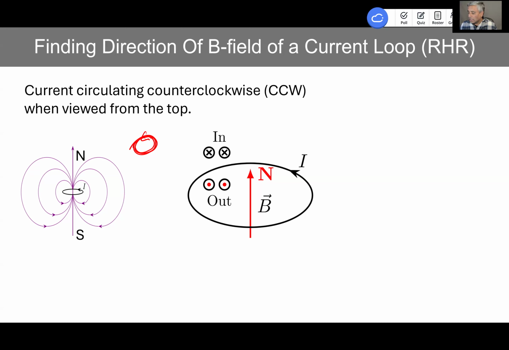So which side we are looking from becomes important, unless it is obvious that there is only one side we can look from. Otherwise, we could be looking from the top or from the bottom, right? So when we look from the upper part of this loop, the current is going counterclockwise, okay?